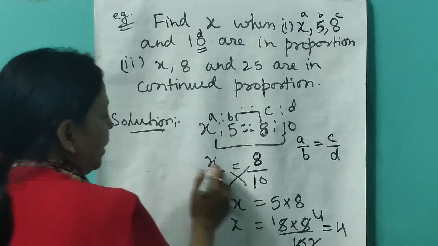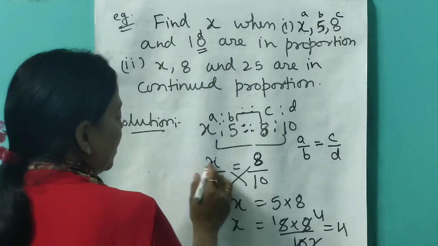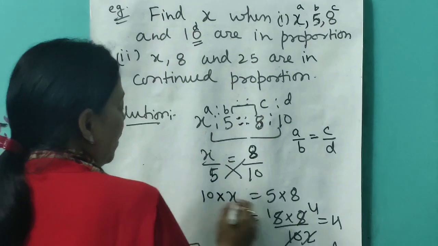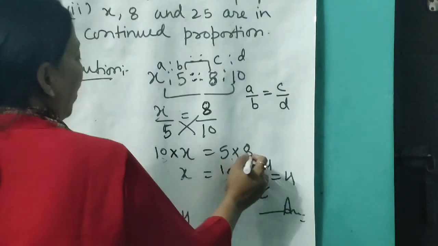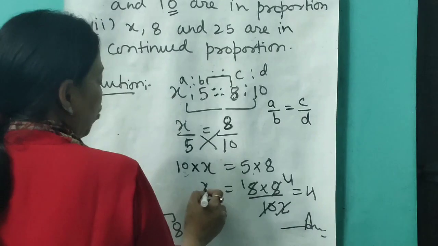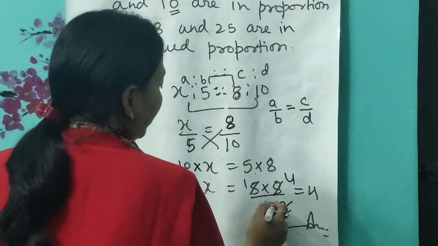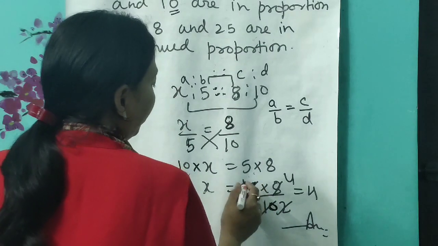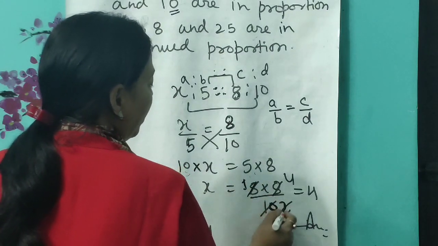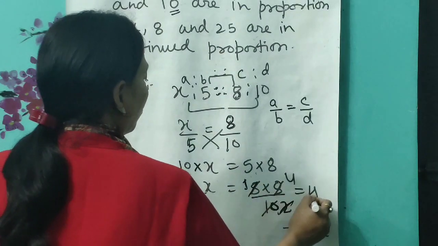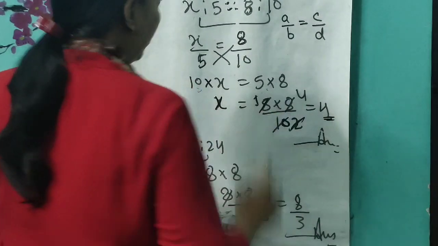Now cross multiply: you multiply this x with 10 and this 5 with 8. So 10 into x is equal to 5 into 8. Now to find the value of x we will transfer this 10 to this side. So 5 into 8 by 10. 5 ones are 5 and 5 twos are 10. 2 fours are 8. So the value of x in the first one is 4. This is your answer.